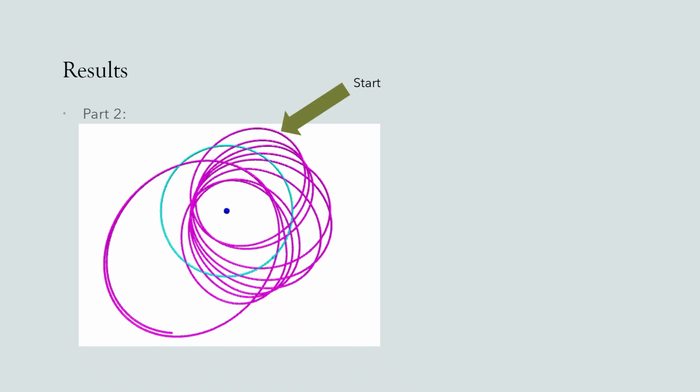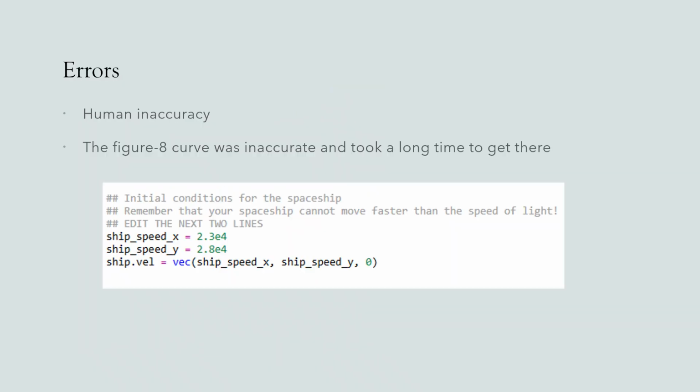In part 2, we see that the spacecraft took a very chaotic orbit. It started around here and ended here. So technically it did reach a figure 8 orbit after a while, but it took way too long, and that was due to human error because the speeds were found by trial and error.